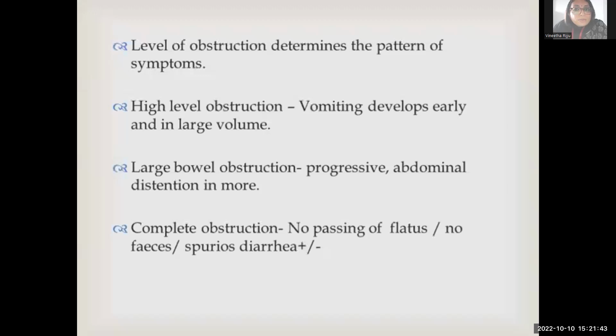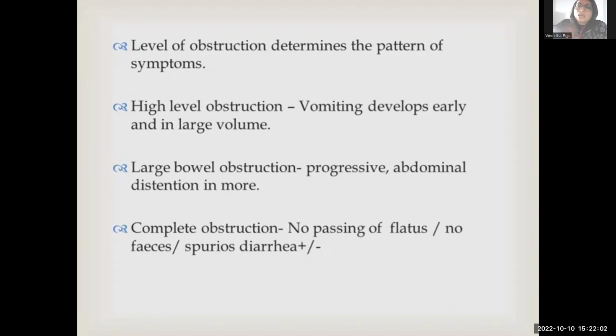Okay. The level of obstruction determines the pattern of the symptoms. That is, if your patient is having a high level obstruction, that is in the small bowel, in the small intestine, the patient develops the symptom of vomiting much earlier. Okay.